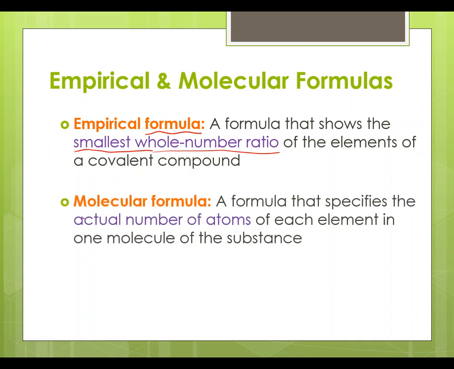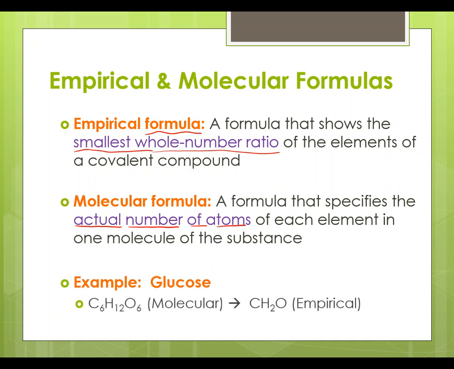Because the molecular formula is the actual number of atoms of each element in there. For example, glucose. You all remember glucose from biology. The molecular formula would be C6H12O6 because that's the actual number of atoms in a molecule of glucose. However, its empirical formula is actually CH2O.